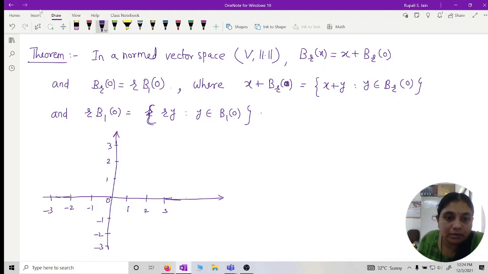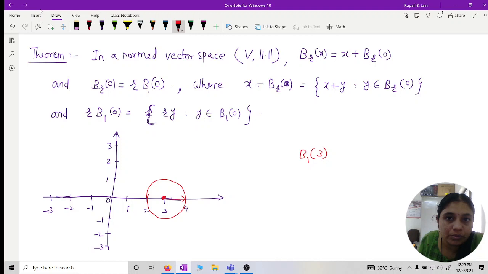Take radius 1 and center at 3, in red color. What will be that open ball? It is B_1 at 3. It will be a ball like this with radius 1, center 3, right?